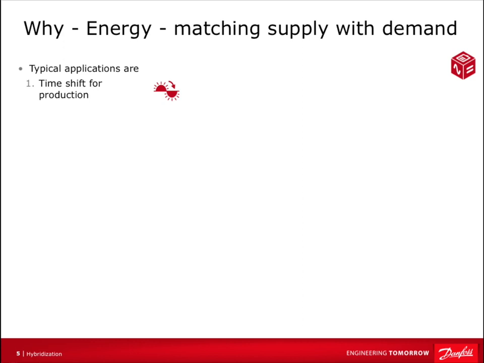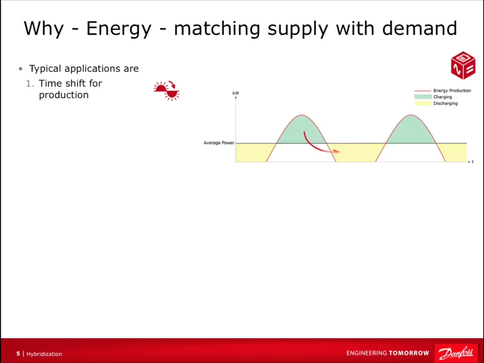We produce solar energy during the day when the sun shines, but we may have demand for energy in the nighttime. Next, we could look at peak load shaving for incoming power. An example was accelerating the electric vehicle, providing additional peak power where the original power source may not be capable of providing that short-term power.